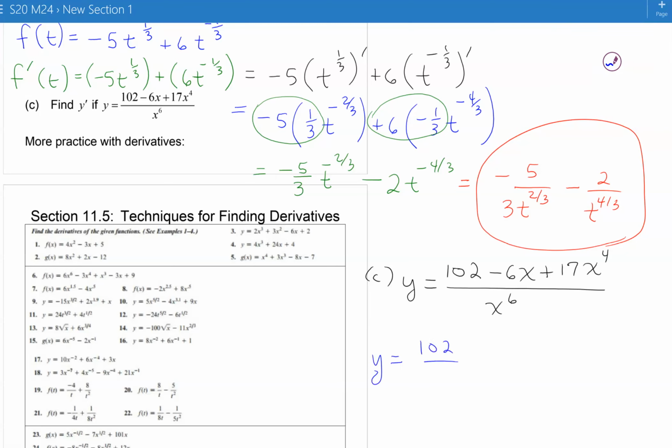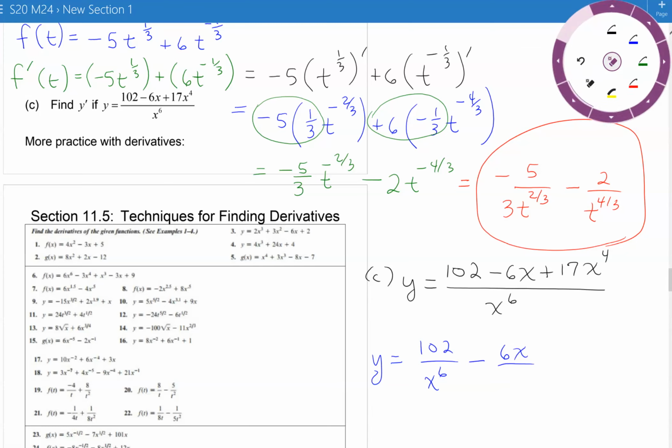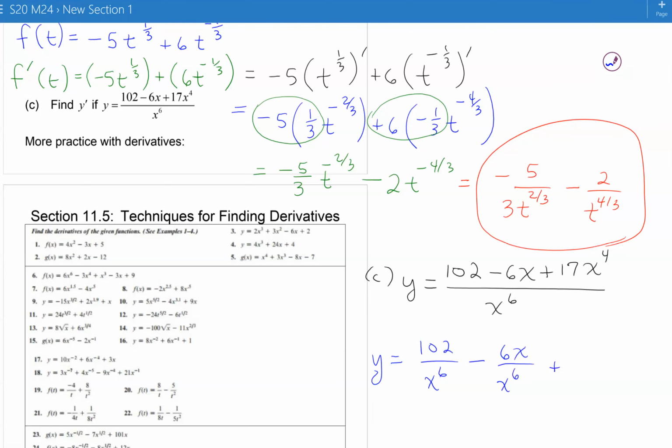I would separate it into pieces where I know the x to the 6th needs to divide the 102. I know the x to the 6th needs to divide into the 6x. And I know the x to the 6th needs to divide into the 17x to the 4th.